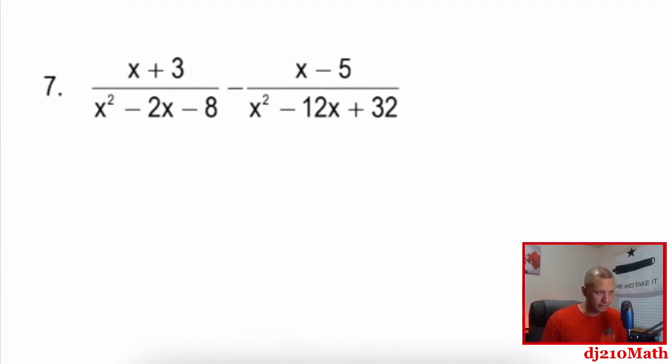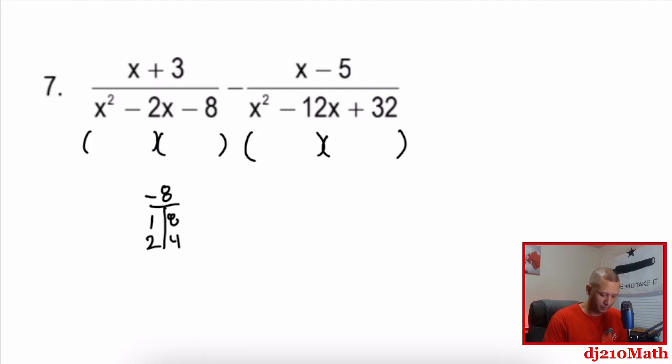Okay, factoring the bottoms, we're going to get, so negative 8. Two numbers that multiply to negative 8 that add up to 2. 1 and 8, 2 and 4. So 2 and 4.